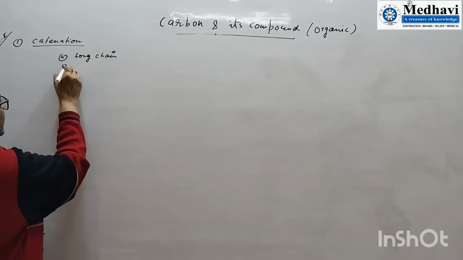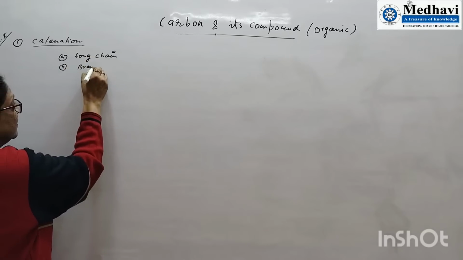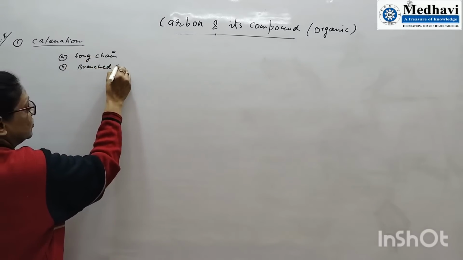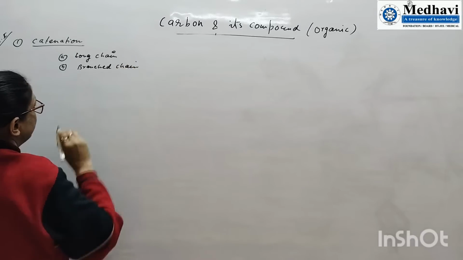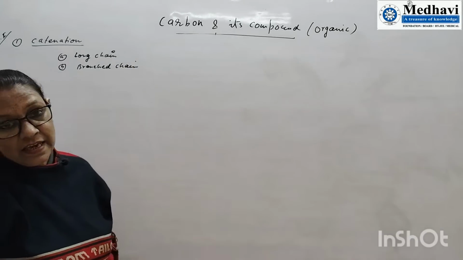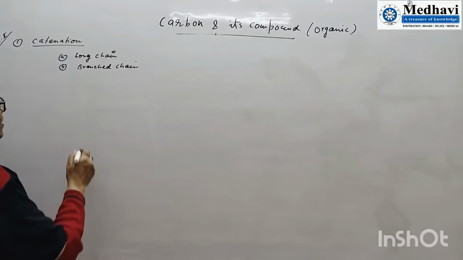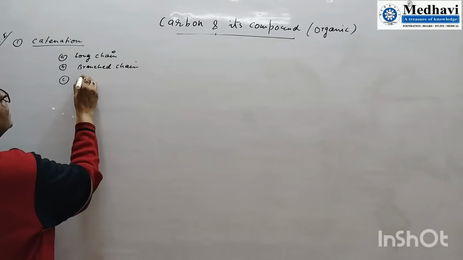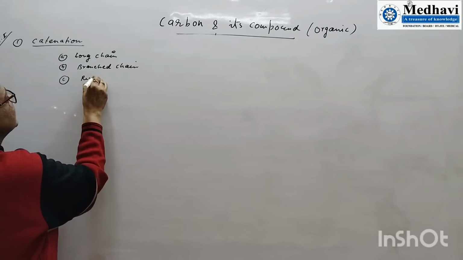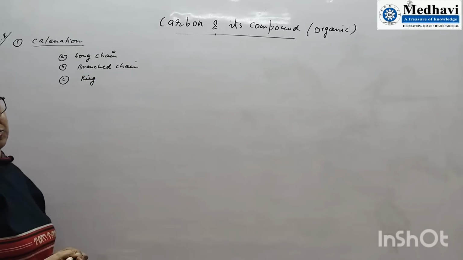Second, it forms branched chains also. Not only a long chain, it has the capacity to form a branched chain. Third, it can be present in the form of a ring also.